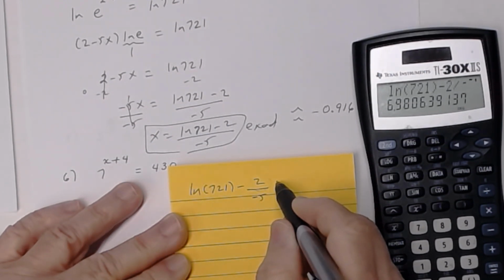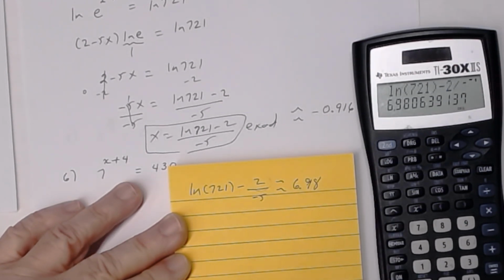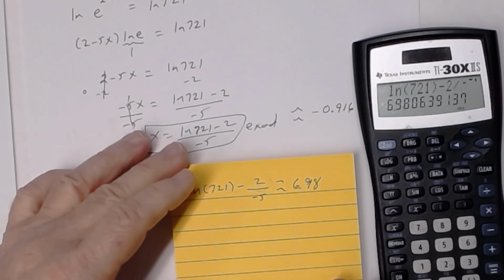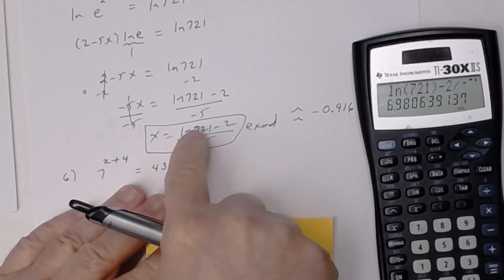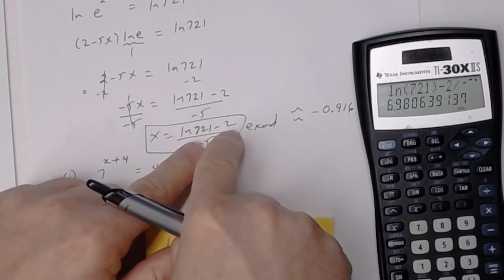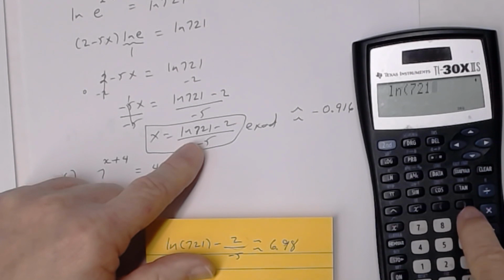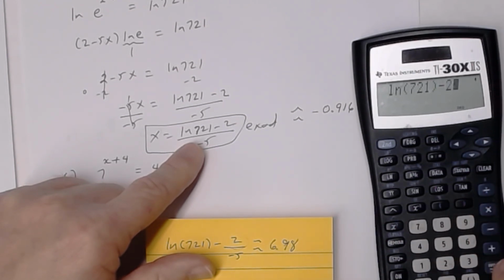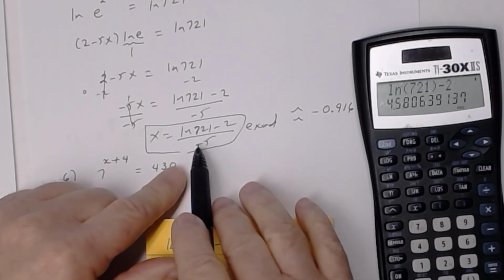All right, so when doing it this way, that's going to be 6.98. So just be careful how you write this. So when there's more than one term in the numerator, when you get to that last term, then just do this. The natural log of 721 minus 2, press equal. So now that's my numerator. And then my denominator is just one term.